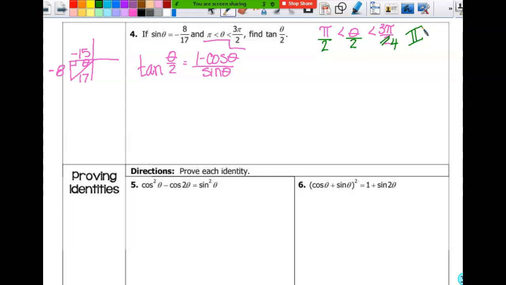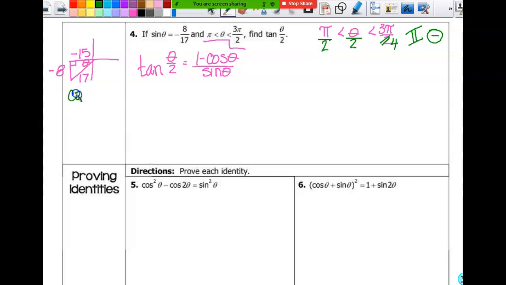And in the second quadrant, is tangent positive or negative? Negative. Okay, so that would tell me it's negative. So even though I don't have to figure that out on this one because I'm not taking a square root, at least I know now my final answer is supposed to be negative. And if it's not, I did something wrong. So it's still nice to know. Okay, so let's see what else we need. In order to solve this, I need to know cosine and sine.